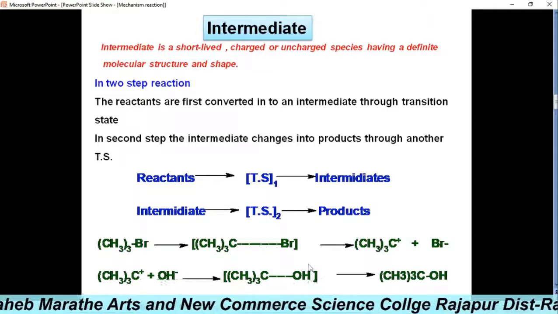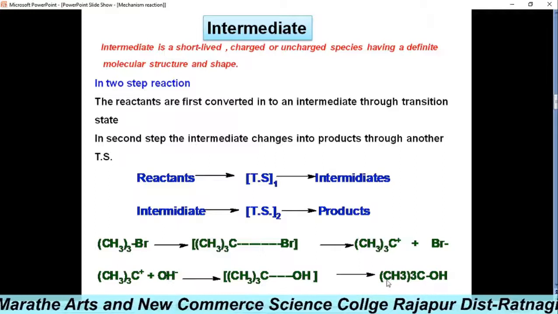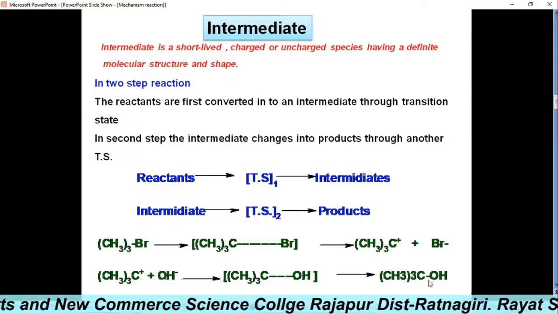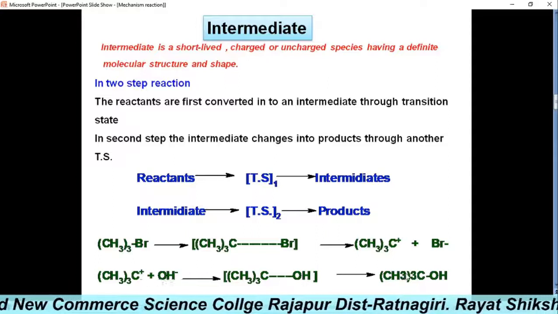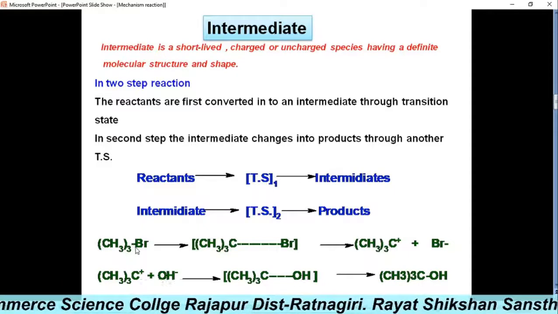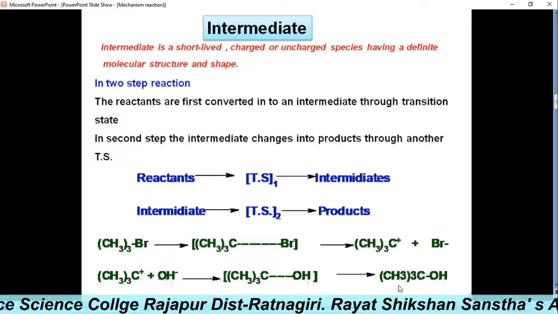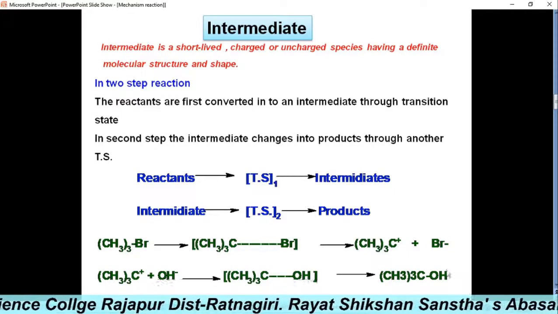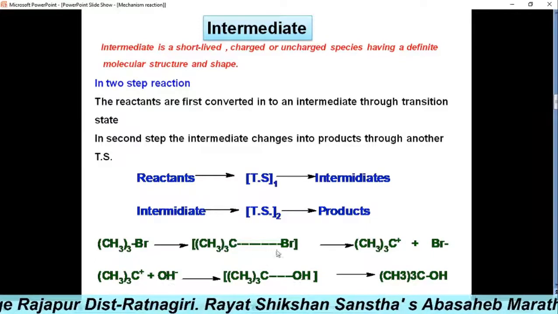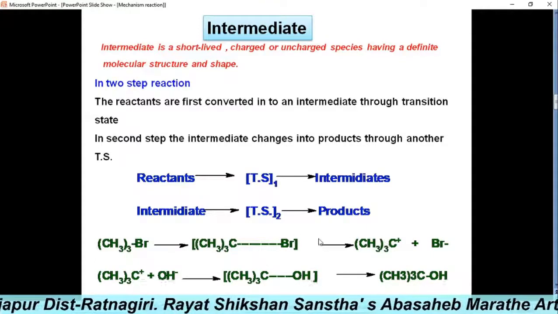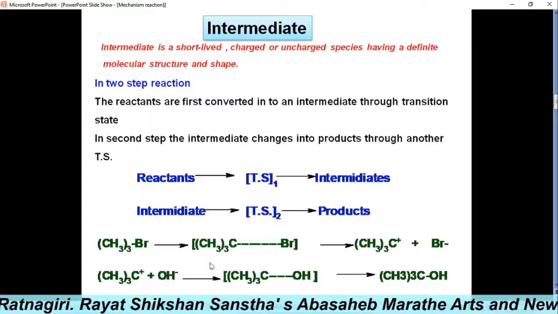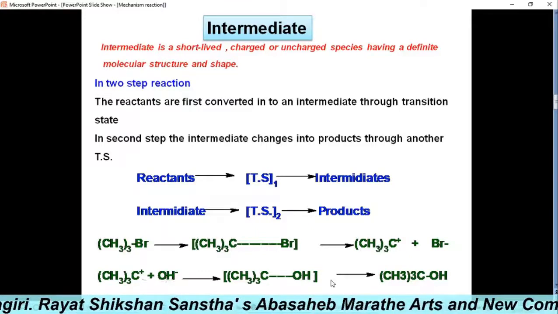And then after completely forming the C-OH bond, we get the product, tertiary butyl alcohol. So tertiary butyl bromide to tertiary butyl alcohol takes place through two transition states. This is the first transition state. This is the second transition state.